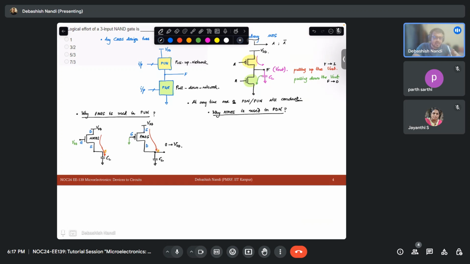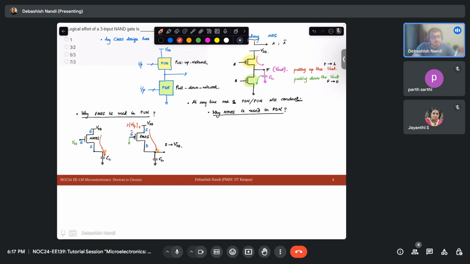So the moral of the story is that when PMOS is used in a pull-up network, this voltage always is greater than your VTP, or the threshold voltage, right? So your PMOS will always be turned on, and your CL will be charged from 0 volt the entire way to VDD. Okay.